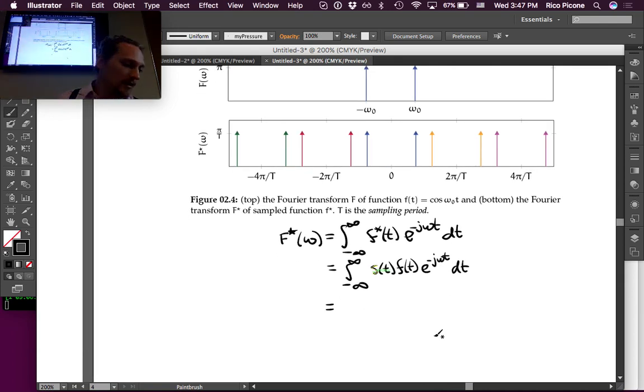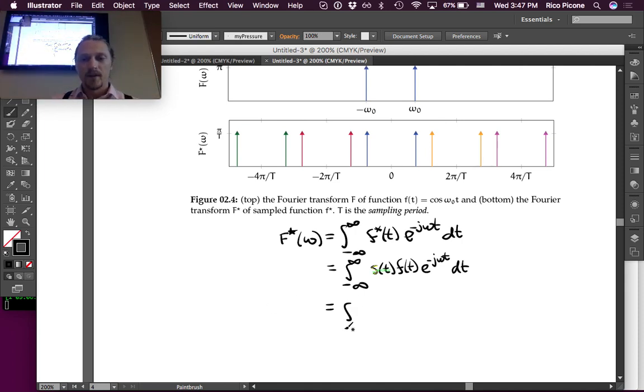That we're going to expand and make look really ugly, because for the comb function, we're going to plug in the Fourier series representation of the comb function, okay?